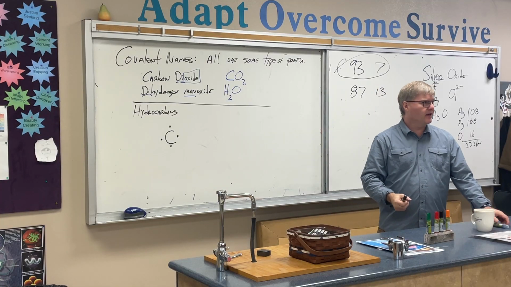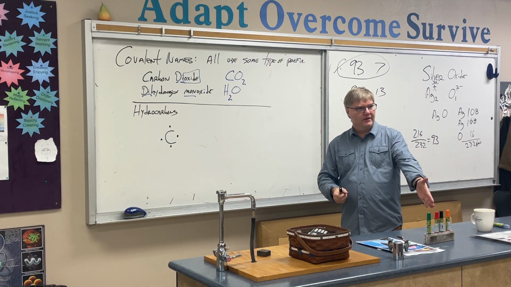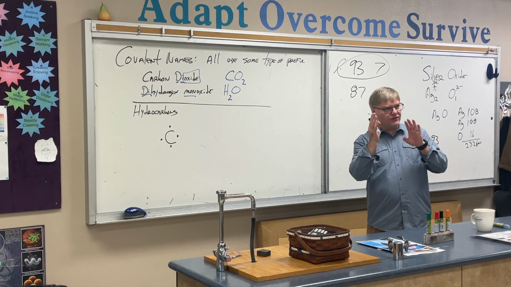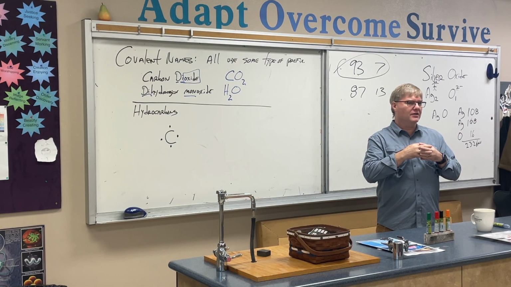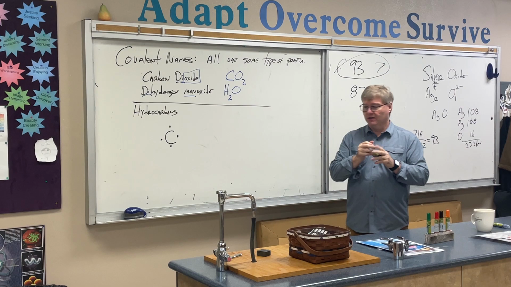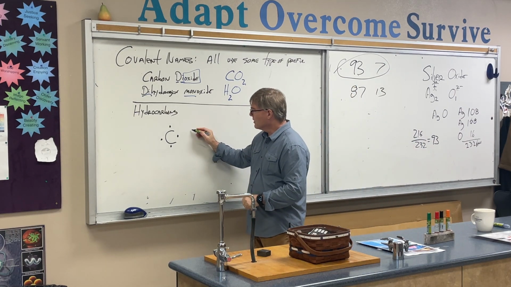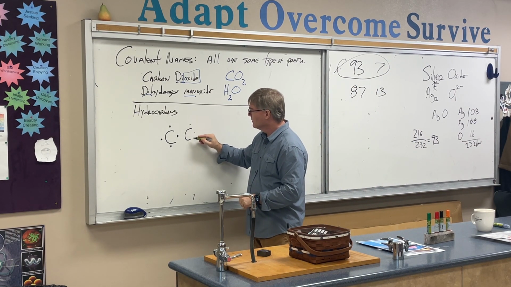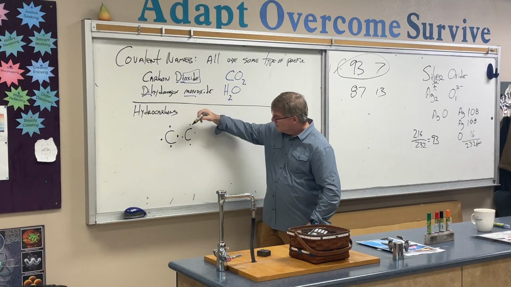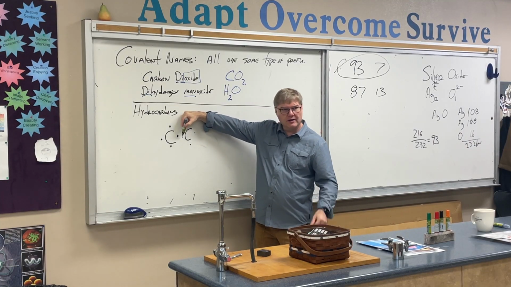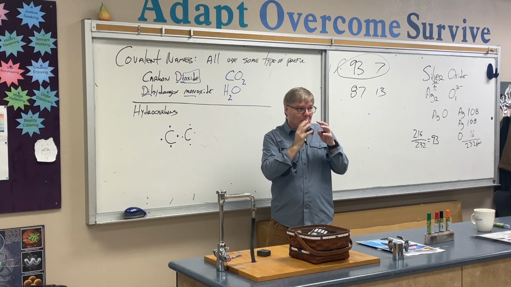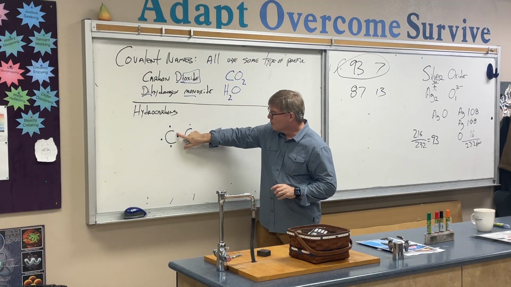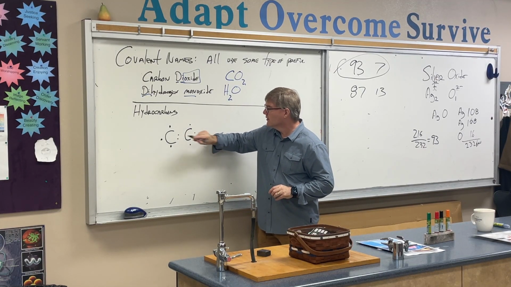The neat thing about carbon is because it has these 4 valence electrons, it's able to form covalent bonds with itself. So another carbon right here, they could form a shared pair. Because remember, a covalent bond is a shared pair. So we have a pair of electrons here.